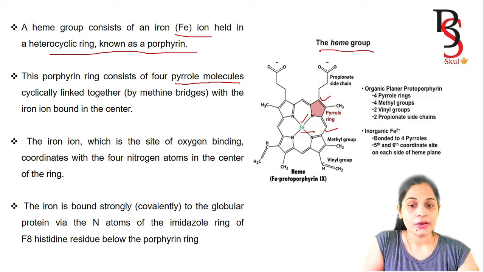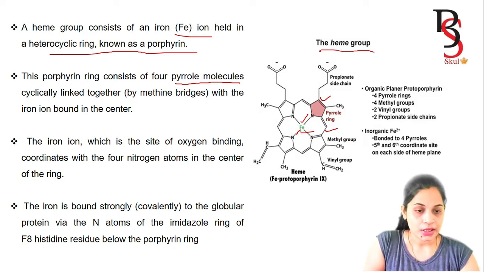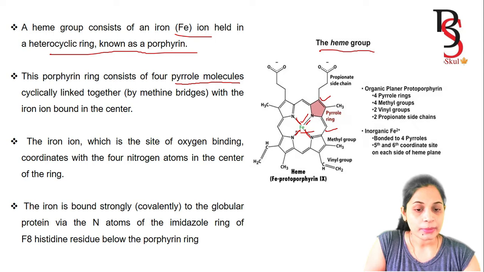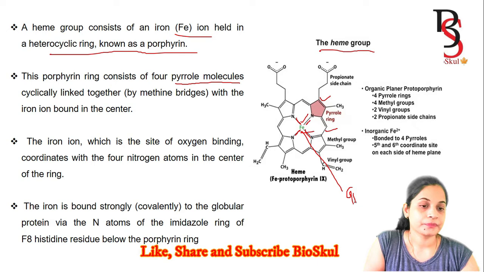The iron ion, which is the site of oxygen binding, is coordinated with the 4 nitrogen atoms in the center of the ring, and the iron is strongly bound to the protein molecule known as the globin.